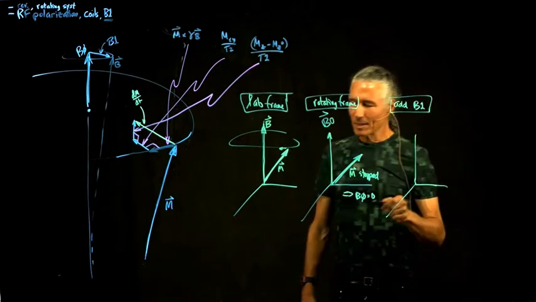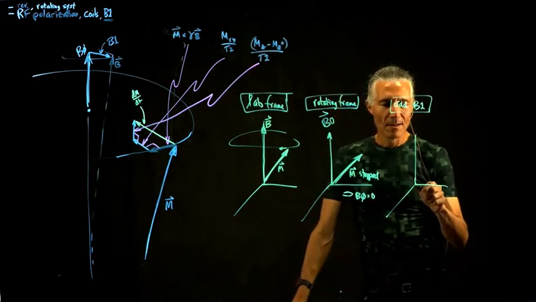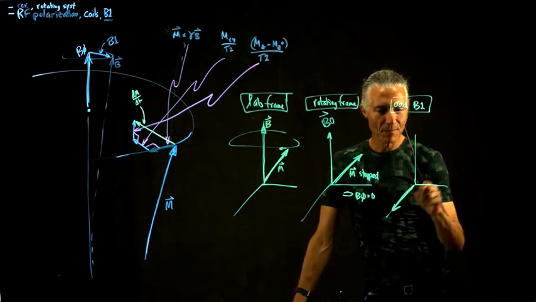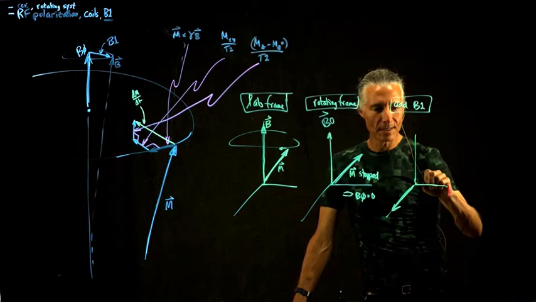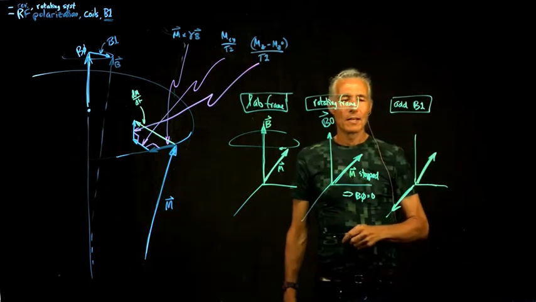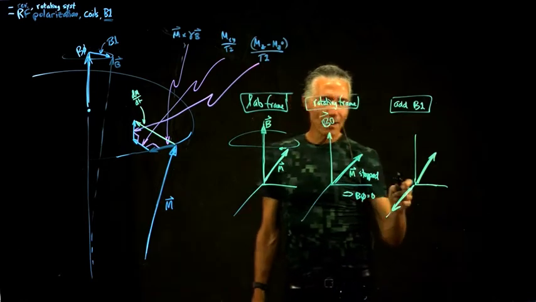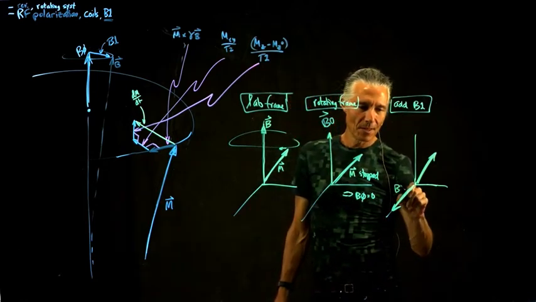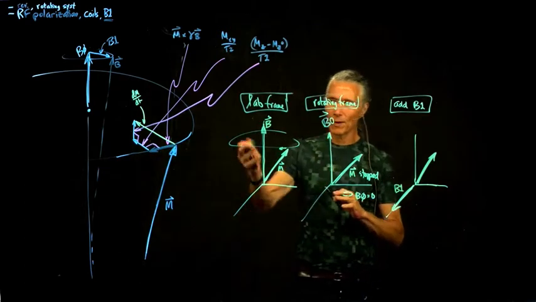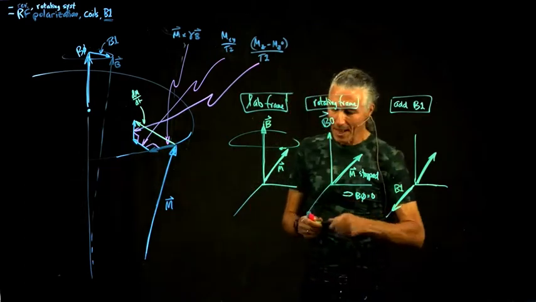It's easier when you do it this way, because if we apply the B1 field to the stopped vector, which is just sitting there, we can just see the B1. We've screened out all the wiggling.